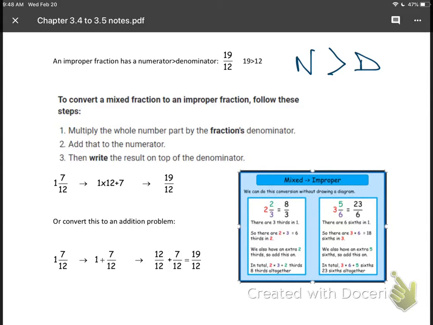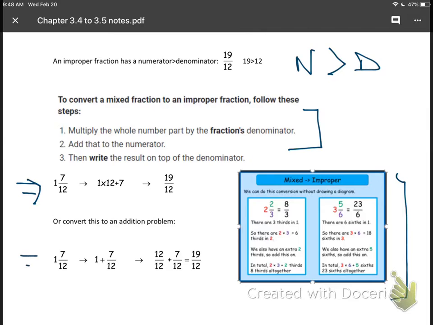You can multiply the whole number by the fraction's denominator, add that to the numerator, and then write the result on top of the denominator. Here is a step-by-step procedure. Here is a more colorful step-by-step procedure. And then here's a more visual one. You can use fraction strips as well.